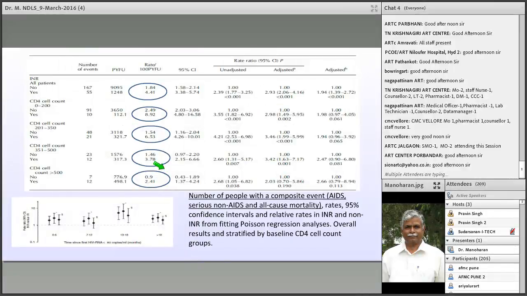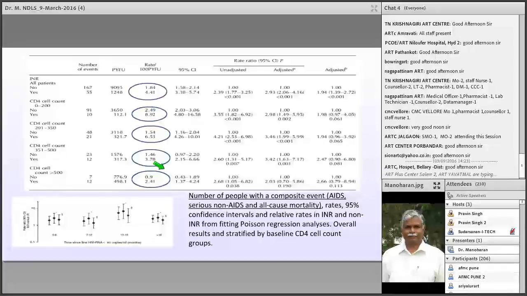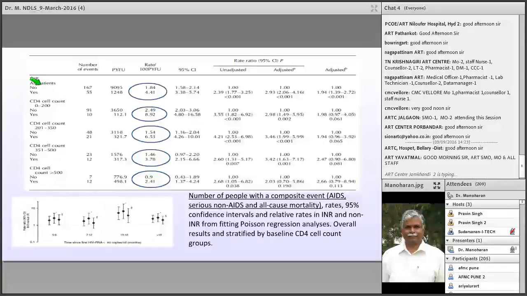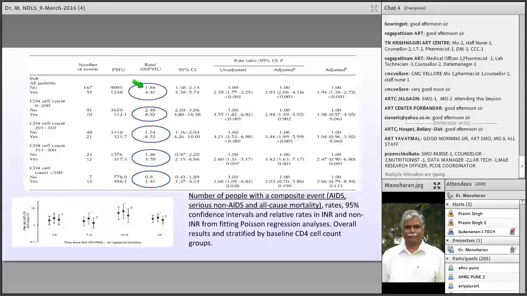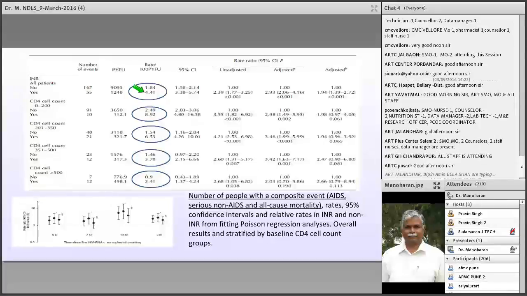So here you see, in this study, the total number of patients, and the number of events as per the patient years follow-up is given here. If the response is good, that is no INR, meaning not an immunological non-responder, the event rate is only 1.84, and if it is an immunological non-responder, the event rate is 4.41, and they are stratified according to the CD4 count.